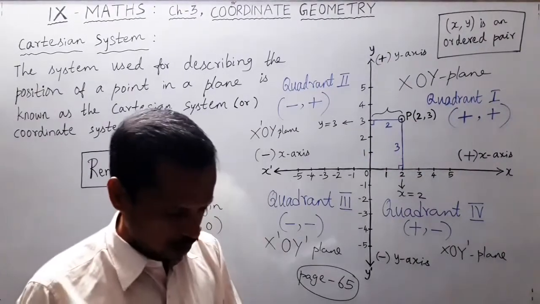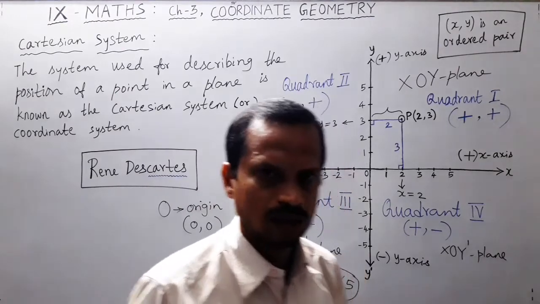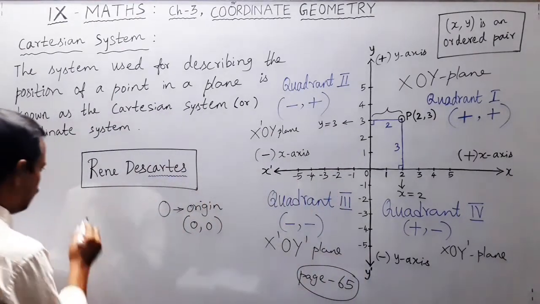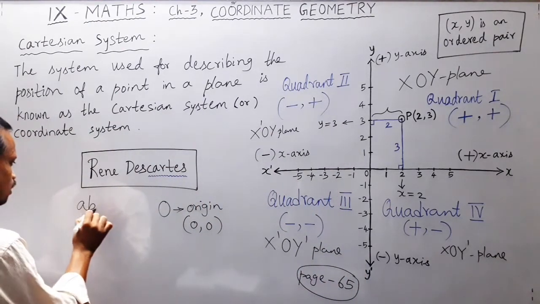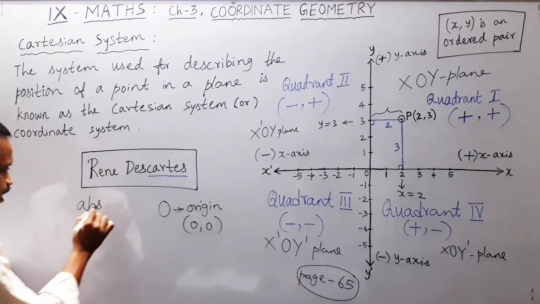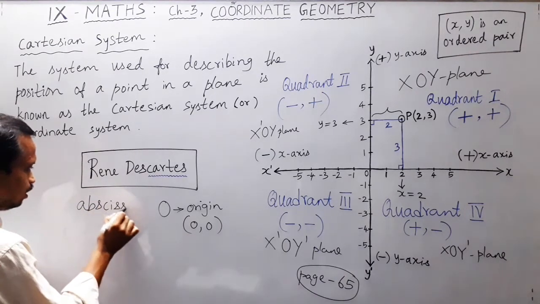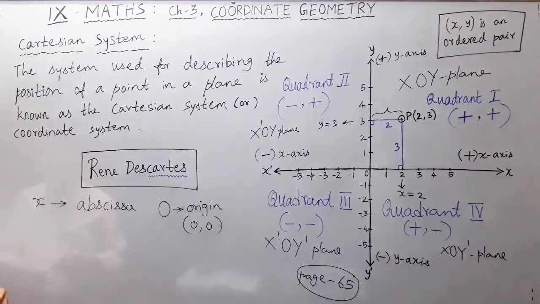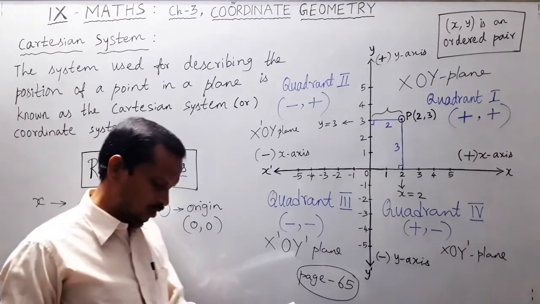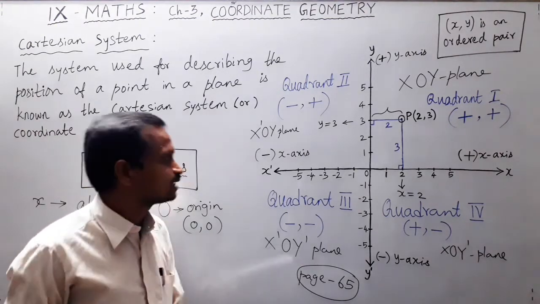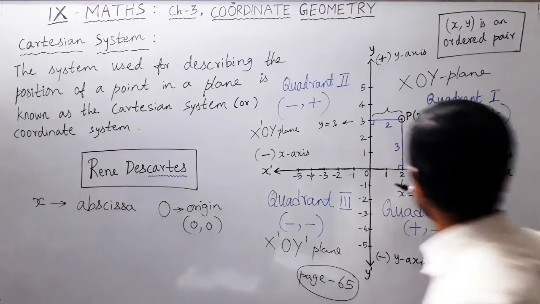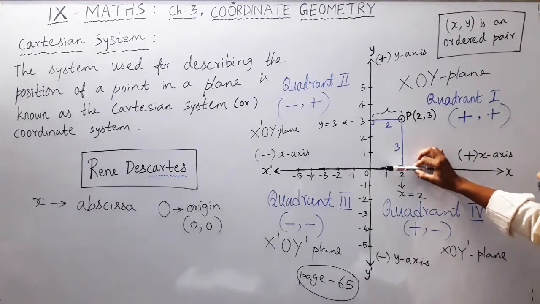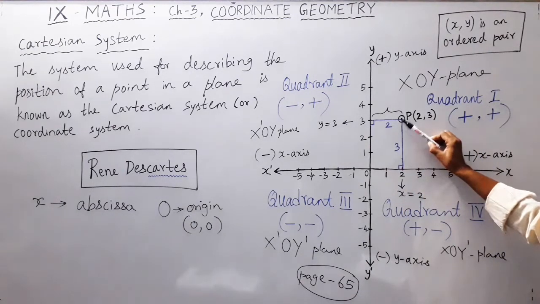And then the x-coordinate is otherwise called the abscissa. I am writing the word abscissa. X-coordinate is called abscissa. And the distance of the point from the x-axis: this is the x-axis, and this is the point.